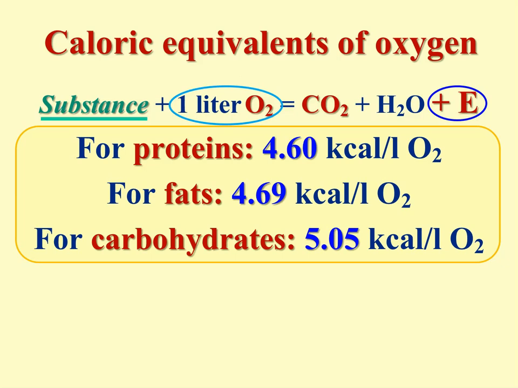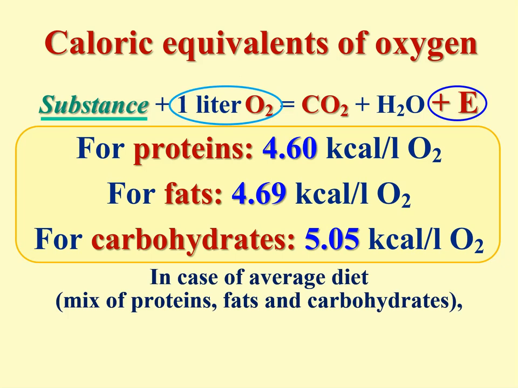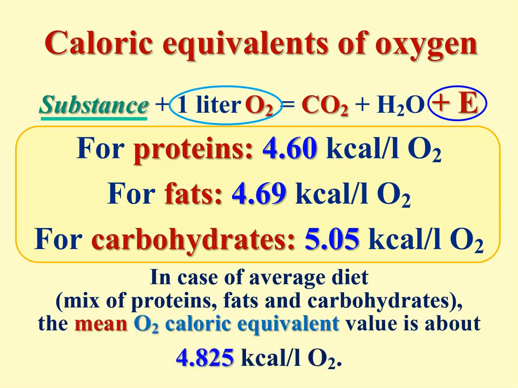In case of average diet, or actually in case of average level of oxidation, when we oxidate fats and carbohydrates in different ratio, the mean oxygen caloric equivalent value is about 4.825 kilocalories per each liter of oxygen.